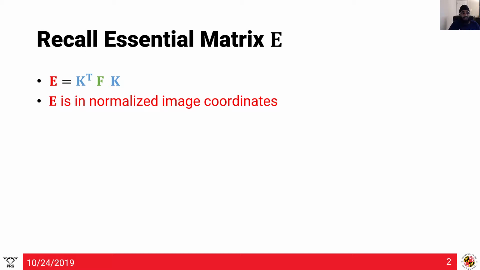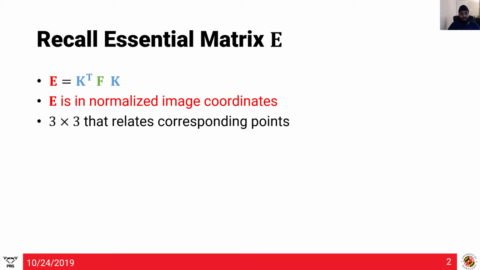And we know that in E we have normalized image coordinates rather than pixel coordinates, which we discussed in class as well. The essential matrix E is a 3x3 matrix corresponding the feature points between image 1 and image 2. And it also follows the pinhole camera model, unlike your fundamental matrix, right?